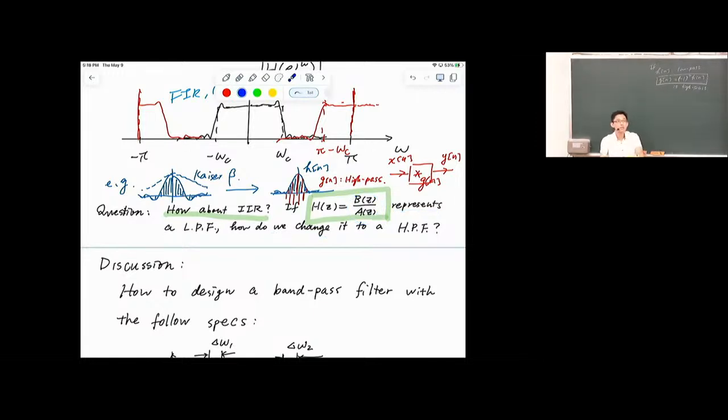In terms of implementation, we know this is the result we want to achieve. We want the new system to relate to the old system by the relation that every other sample changes its sign. But how do we make it happen in the z domain, in the difference equation domain? How do we change the difference equation so that the result is a high-pass filter?